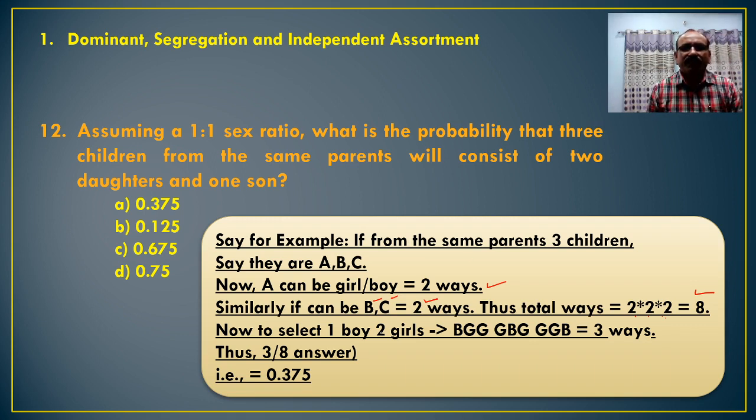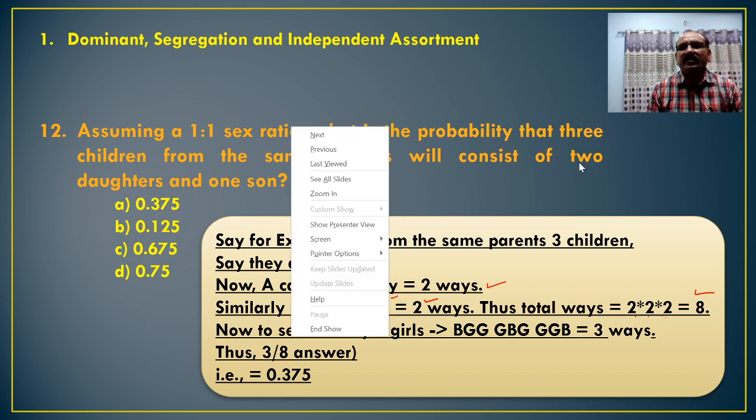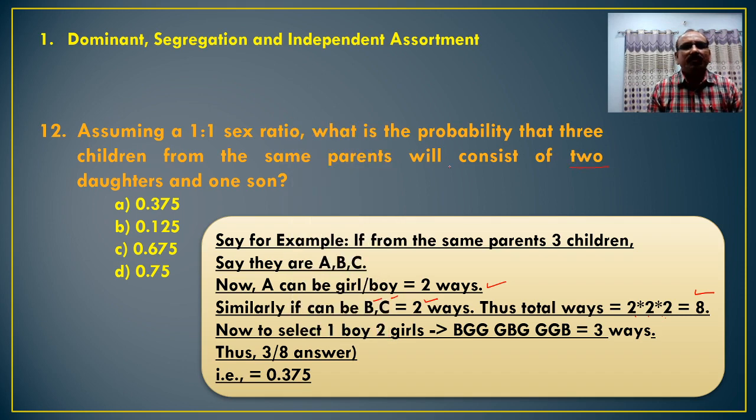Now to select 1 boy and 2 girls, as given here, that is 2 daughters and 1 son, the different combinations are: boy, girl, girl; girl, boy, girl; and girl, girl, boy. So we have 3 ways.